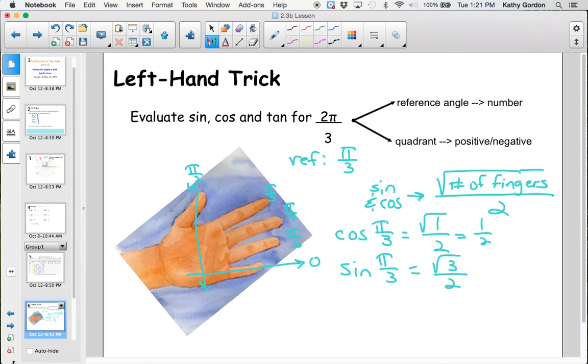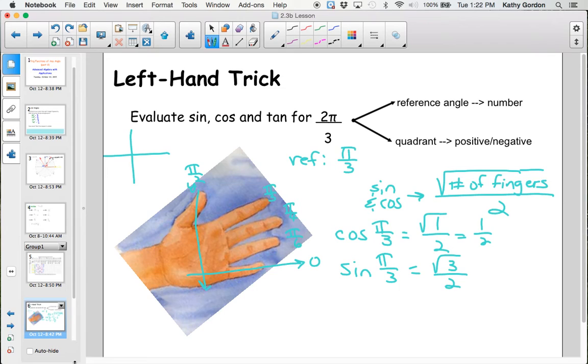Okay? So to get the numbers, I can use this little trick and come up with 1/2 and square root of 3 over 2. To get the signs, positive, negative signs, I now have to think what quadrant is 2 pi over 3 in? Which quadrant are we talking about? It's one of the specials.